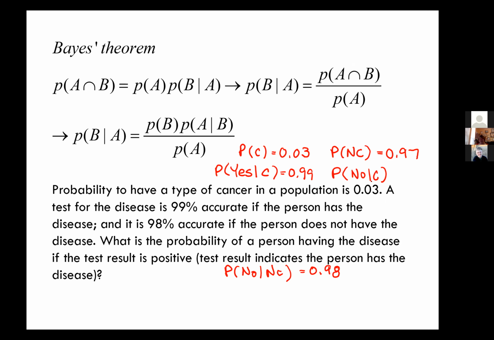So if the probability that I test positive and I do have the cancer is 0.99, the probability that I test negative and I actually have the cancer is 0.01. And the probability that I test, I guess that's all I want to write down.